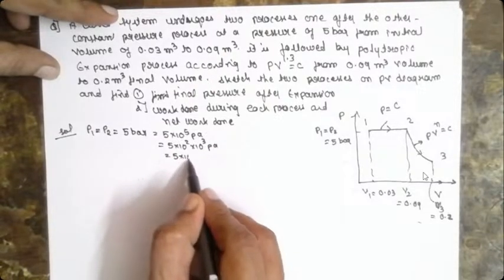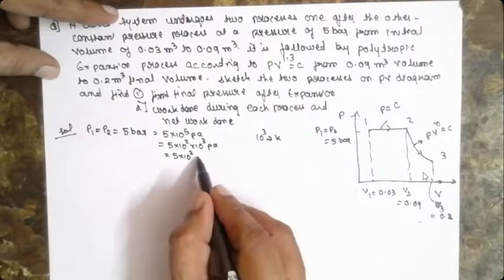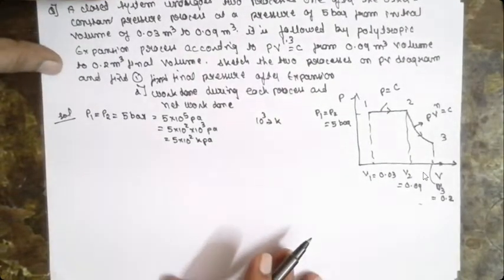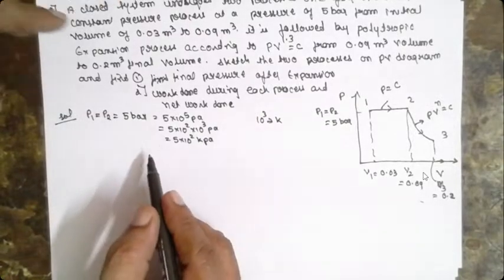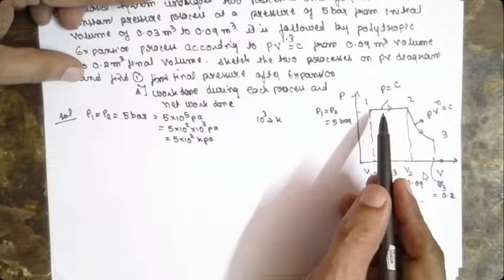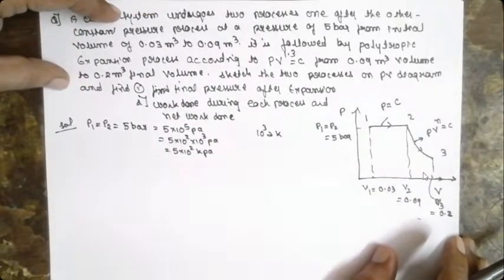Here 10 raised to 3 can be written as K. It will be kilopascal, 5 into 10 raised to 2. Now first we need to find out the work done with respect to constant pressure.